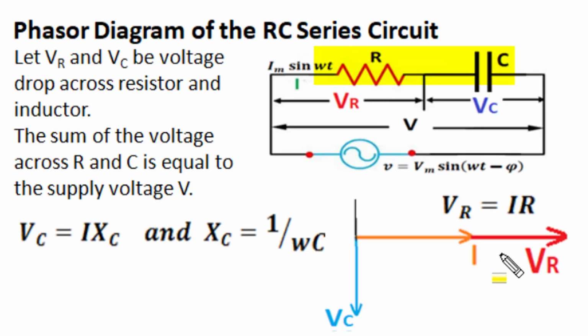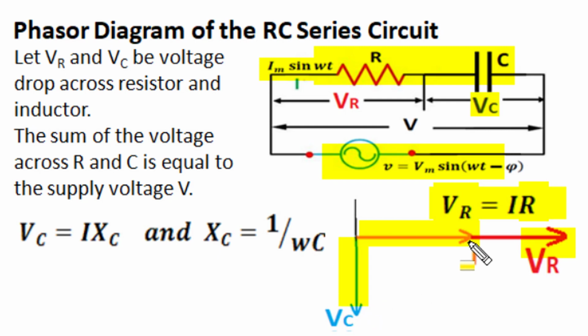So in an RC series circuit connected to sinusoidal alternating voltage, if we take series circuit current as a reference phasor at the horizontal line, the voltage of resistance comes along the resistance line in phase with series circuit current, and resistance RMS voltage is RMS current multiplied by the ohmic value of resistance, V equals IR. The RMS voltage of the capacitor lags current by 90 degrees, along the minus jXC line of capacitive reactance, and it is RMS current multiplied by XC, where XC is 1 over omega C, omega is the angular frequency of supply, and C is the capacitance in farad.